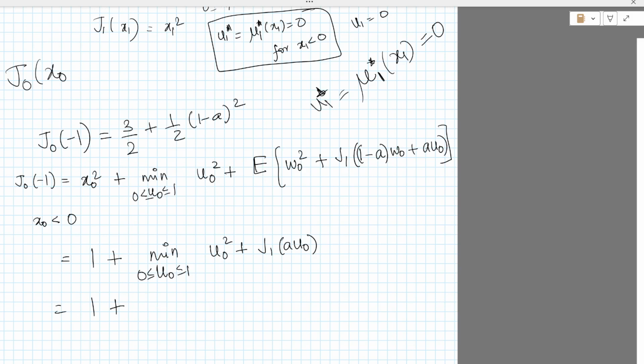You can write it in terms of A only. A is some constant.